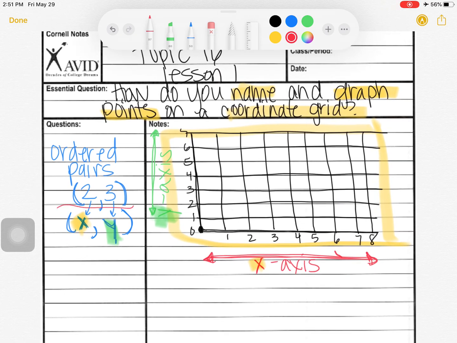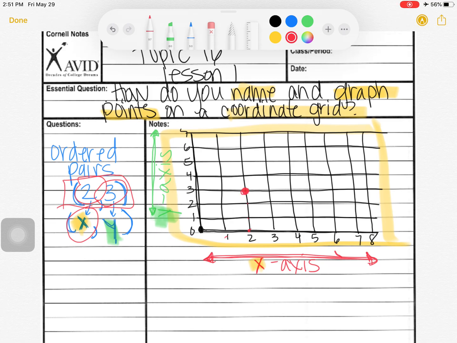So I'm going to start with this 2, 3. You have the ordered pair 2, 3. That means you go to the number 2 on the x-axis. So I go 1, 2. I'm at that second line. And then on the y-axis, I'm going to go up 3. So 0, 1, 2, 3.